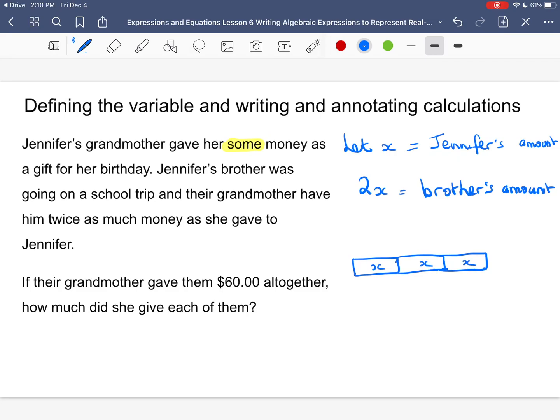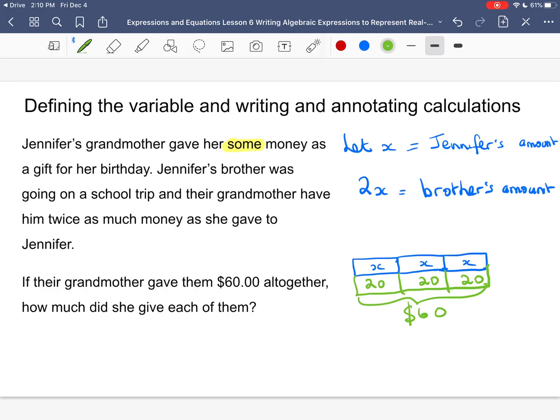And altogether that came to $60. So this is $60. And if I divided the 60 into 3 equal pieces, 3 equal parts of 60 is 20.